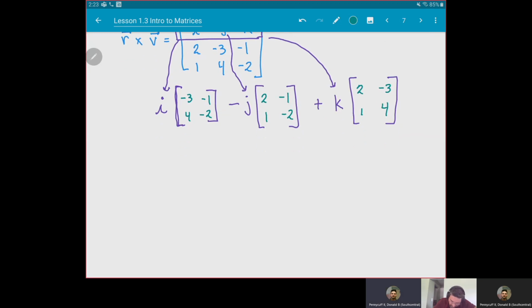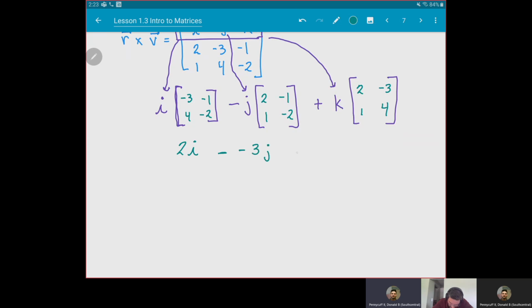Now I'm just going to do the diagonal multiplication. So that's simply going to be -3 times -2 minus a -4. So that's going to be 2i, and that's going to be -4 plus 1, so that's -3.